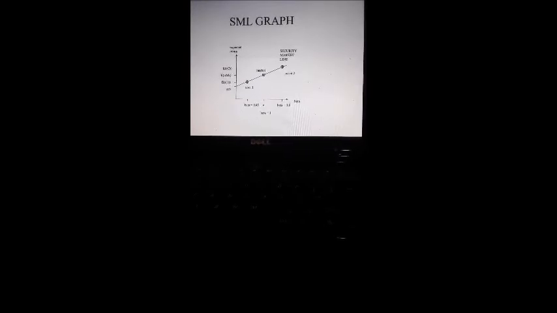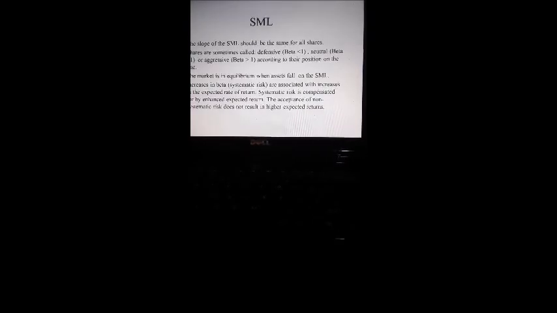As you draw the line up from the risk-free rate of return, it shows that the return is increasing. At the same time, as you increase the return, the risk, which is measured by beta, keeps on increasing.